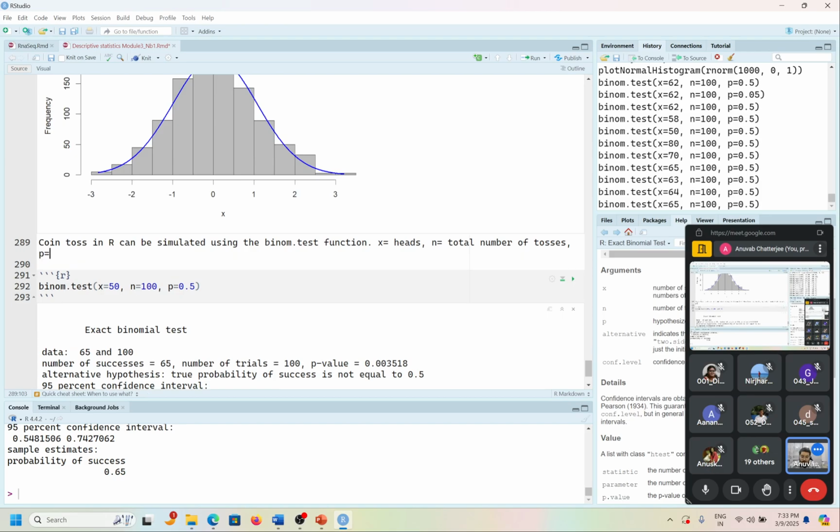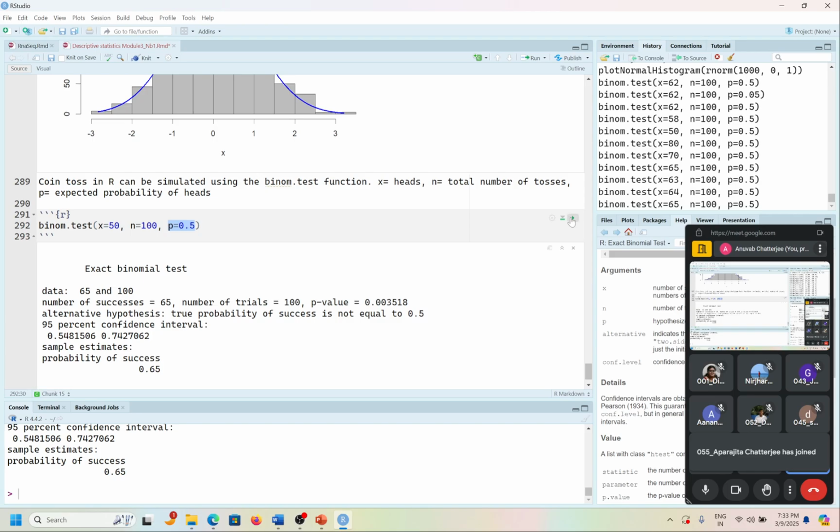P is the expected probability of heads. So if I tossed a coin 100 times and I got 50 heads, this is the situation, and obviously I imagine that the coin is fair, so my probability should be 50%.